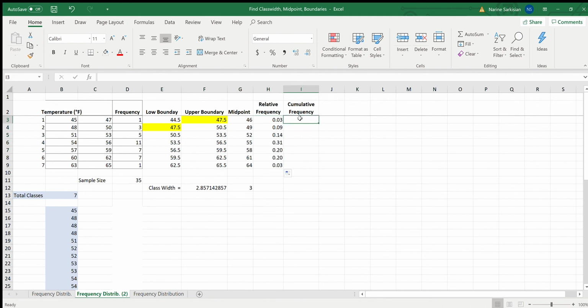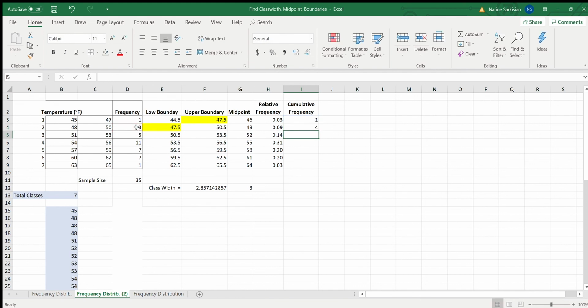And the cumulative frequency, so it's how the frequency is going to be accumulated. First comes the frequency of the first class, 1. Next, I'm going to take this frequency I have and add the second frequency here, 3.